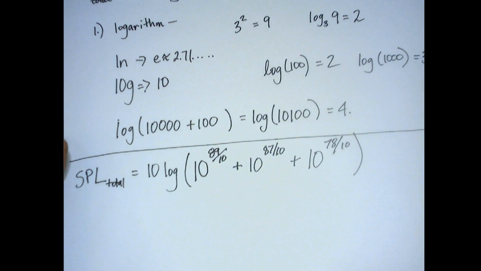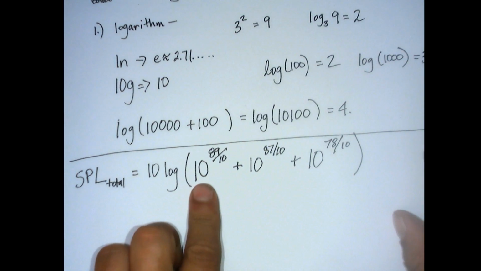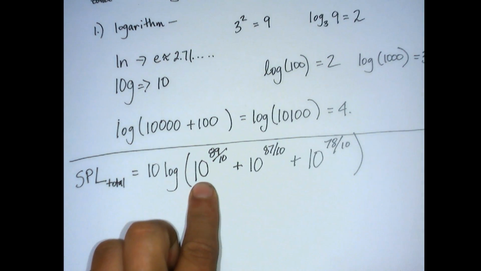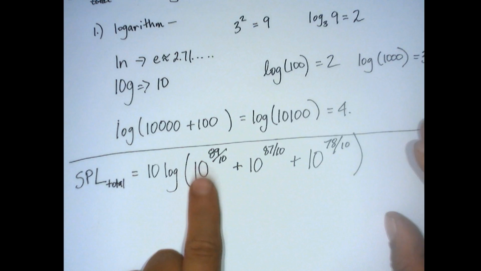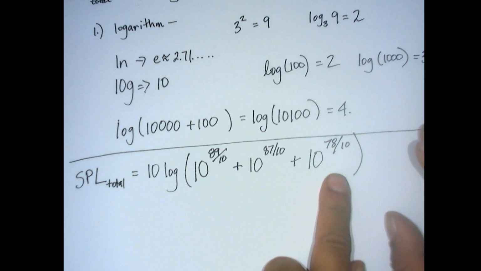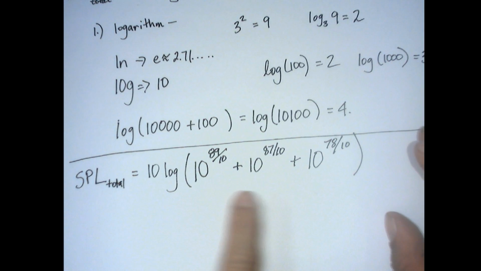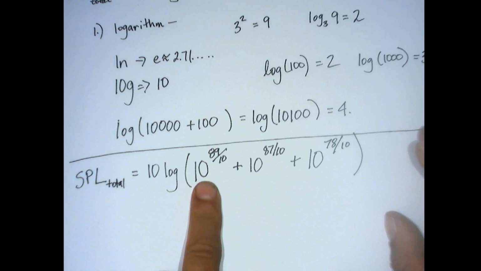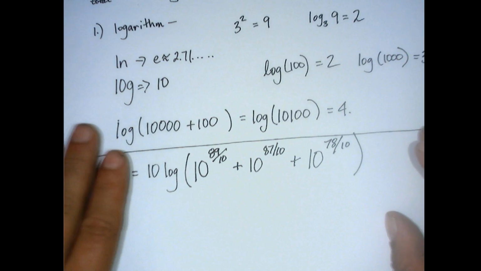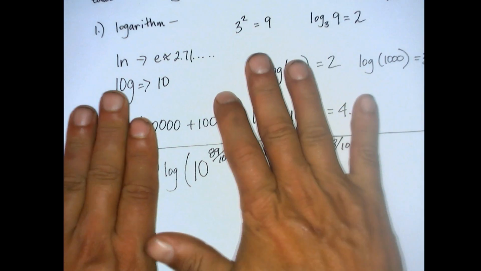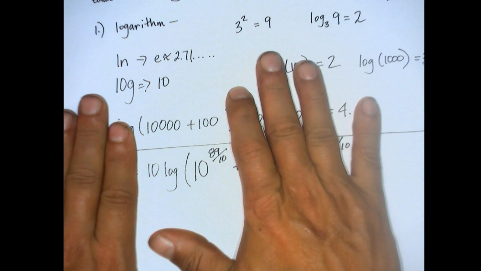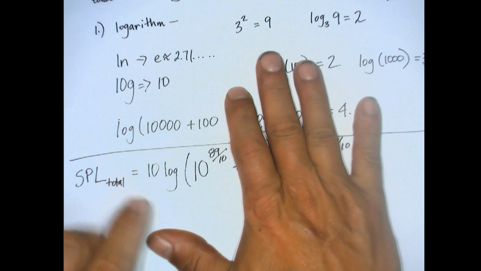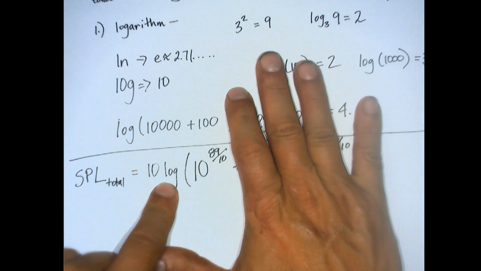So this is the strongest power level of decibels in the room of the three sources. These two are not going to have that much effect. It's going to add to it a little bit. But if you just do the inverse log of this, 10 log of just that, you get 89, because log is the inverse of this.